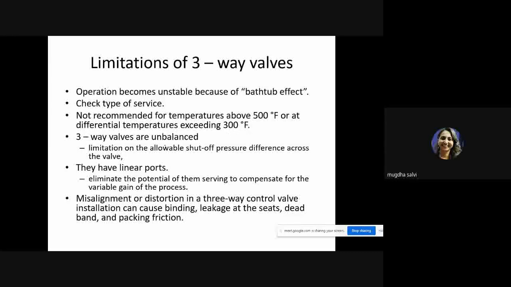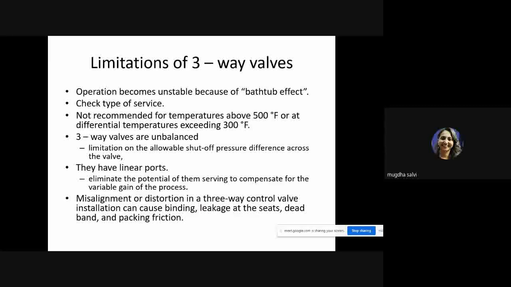Three-way valves are unbalanced, which is a limitation. They have linear ports, and misalignment or distortion in a three-way control valve will cause leakage, or it will cause a dead band, or packing friction will be there.